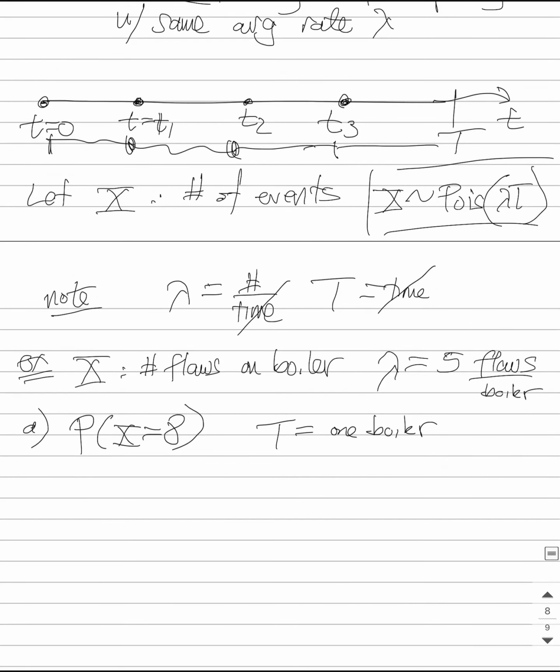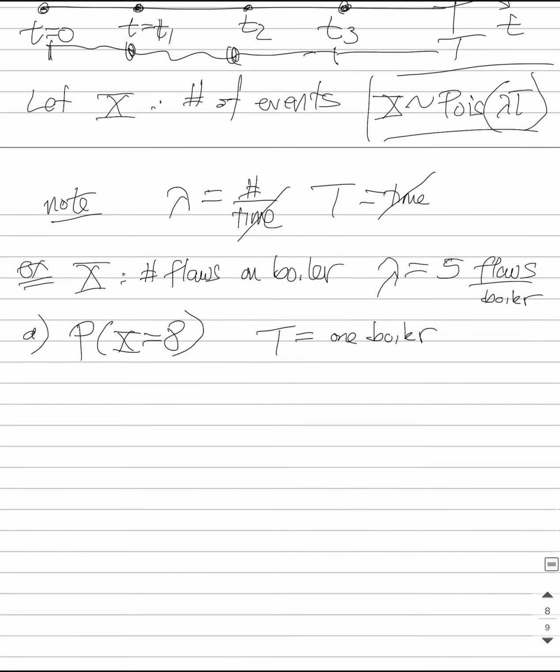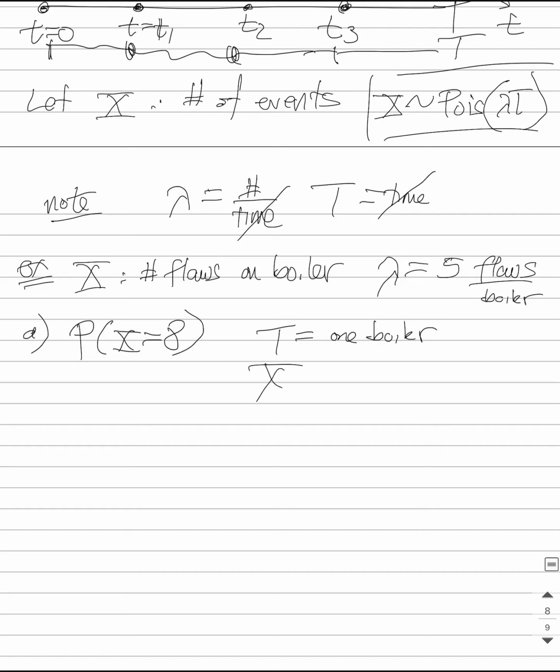The probability here is going to depend on the distribution. We can use the mass function here. We are going to have a Poisson distribution, lambda t. So it would be a Poisson distribution of 5 times 1. So 5 flaws per boiler times 1 boiler. So a Poisson distribution where it's 5.